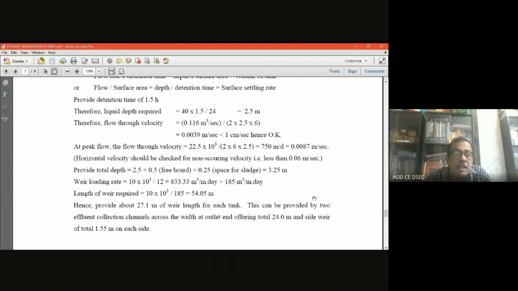Now this is the total weir length. We divide it in two tanks, so 27 is the weir length of each tank. This can be provided by two effluent collection channels across the width at the outlet end, offering a total of 24 meter, and side weir of about 1.55 meter on each side.